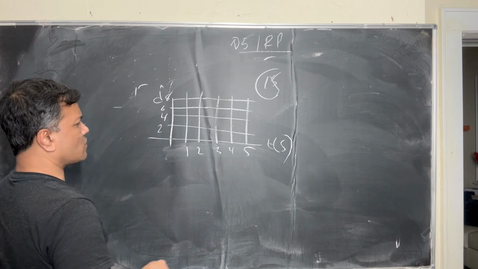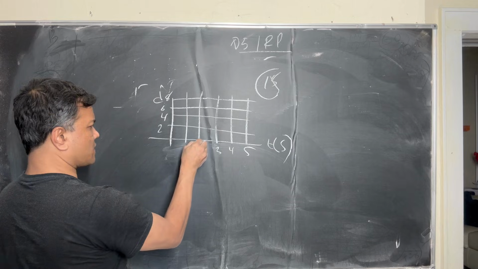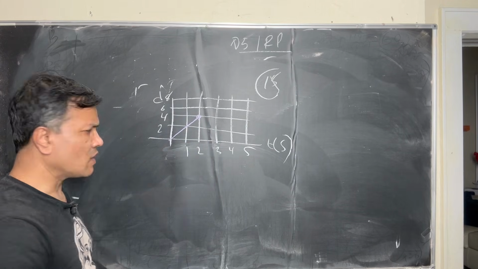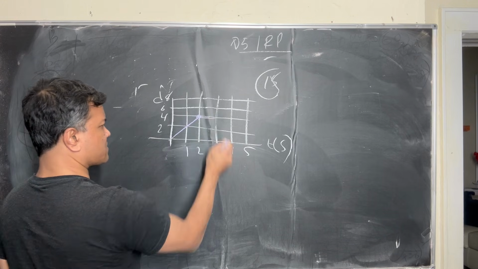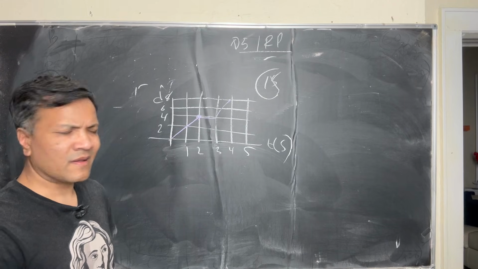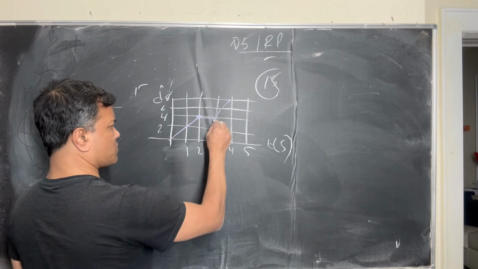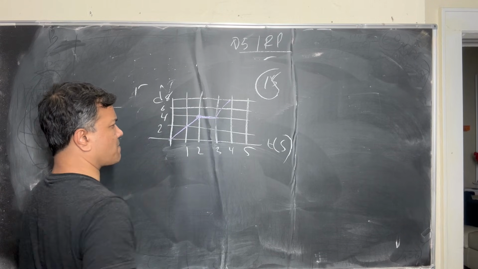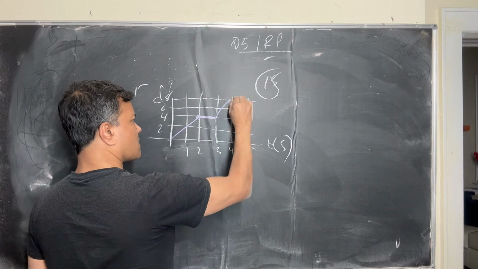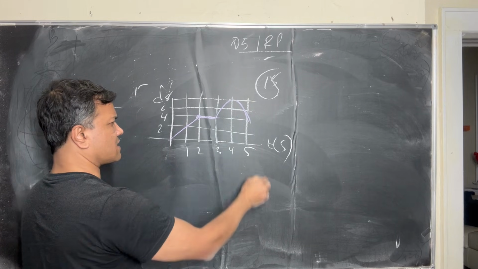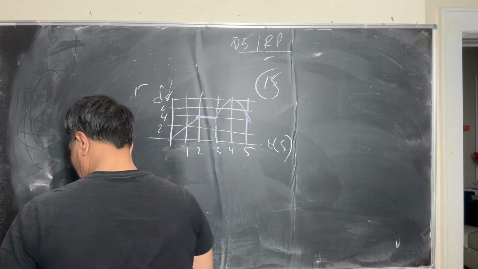At 2 seconds the object moved 4 meters. Next 1 second the object is at rest. Next 1 second the object slows down. So it's speeding up and slowing down. This is the maximum velocity, and this is speeding up again. Velocity here and speed here are the same.